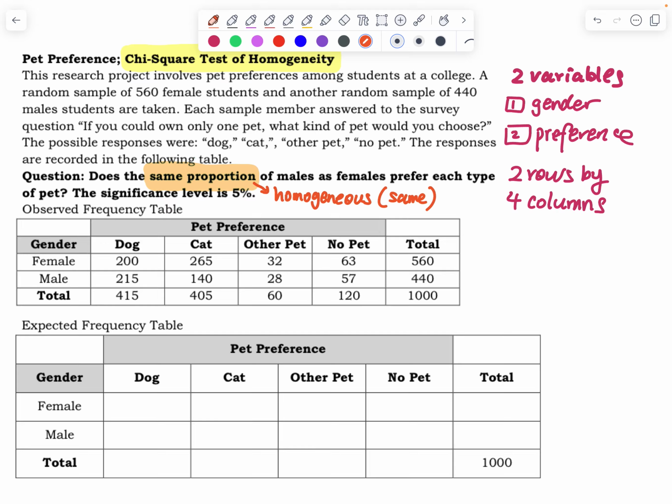So in short, the H0 says that the proportions of females and males naming each pet preference are homogeneous. We just take the question, does the same proportion, and we say yes, the same proportion, homogeneous. And then the HA, we take the opposite, which is not homogeneous.